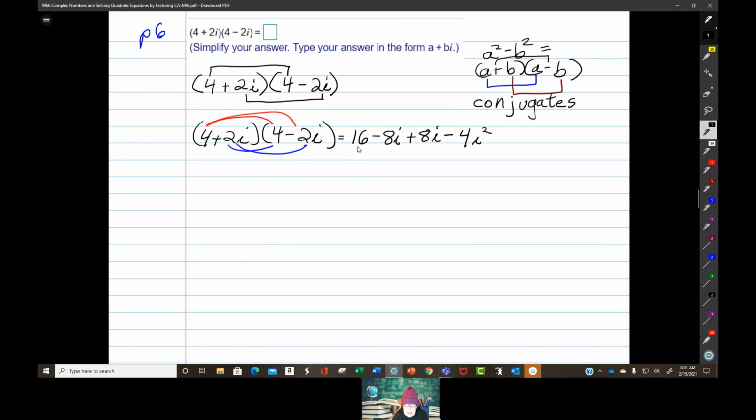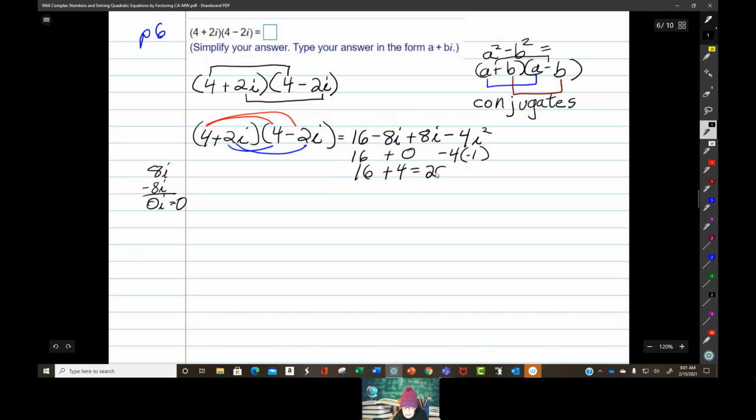Now notice that when you subtract 8i and you add 8i, all that is 8i minus 8i. That's 0i, which is 0. So this is 0. And then this will be negative 4 times negative 1. So we're going to have 16 plus 4, which is 20.